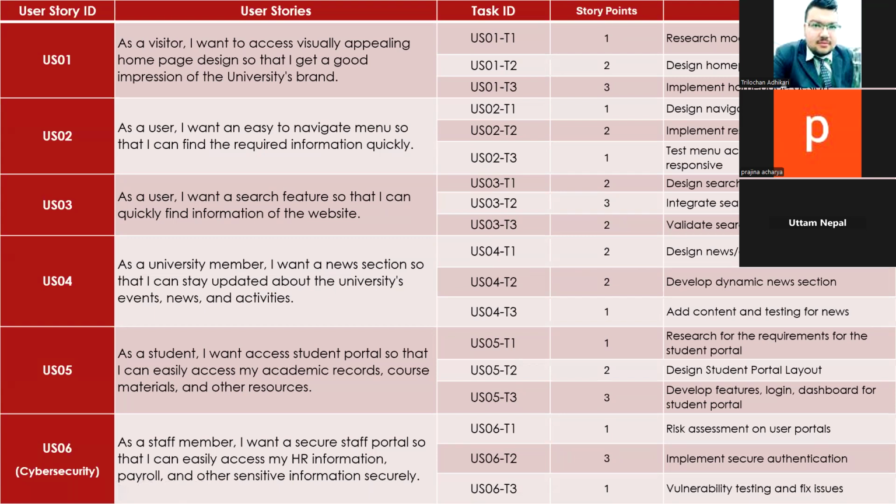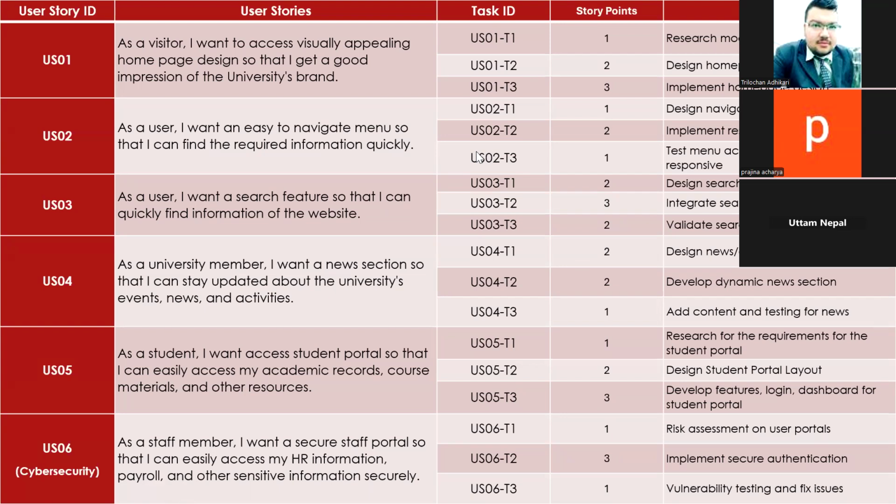Thank you, Trilochan. Hello everyone. I'm Uttam Nepal, UI designer for this project. Moving forward with the slide, we have divided our first sprint into 6 user stories that include making a home page, search menu, search feature, and other sections as per the project requirements.